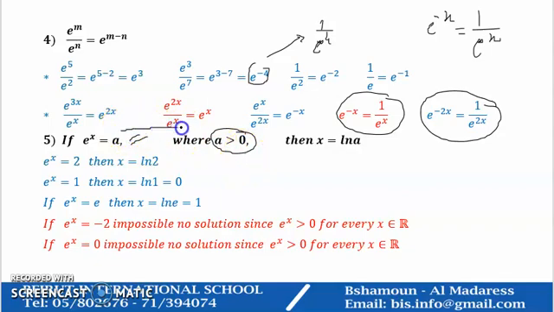So if e^x = a, then x = ln a. So I can deduce: if e^x = 2, then x = ln 2; e^x = 1, then x = ln 1, which is 0; e^x = e, then x = ln e, which is 1. e^x = -2, as I said before, is impossible, since e^x is positive. e^x = 0 is impossible, since e^x is strictly greater than 0.